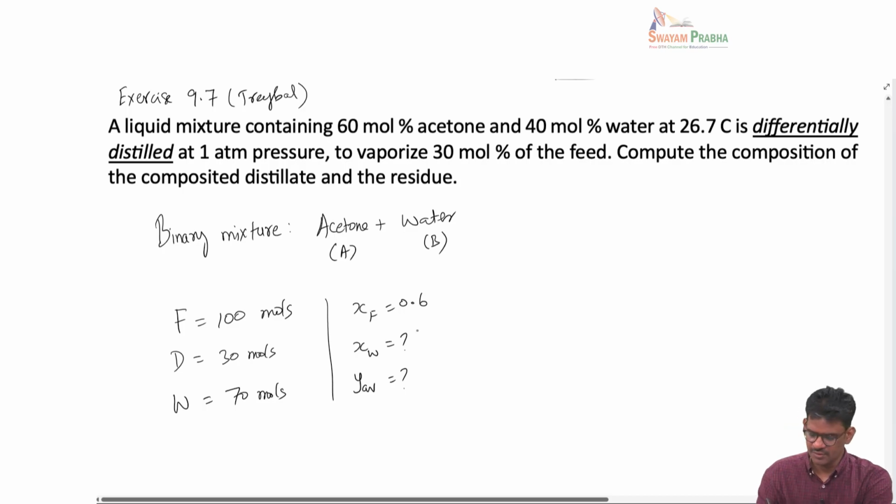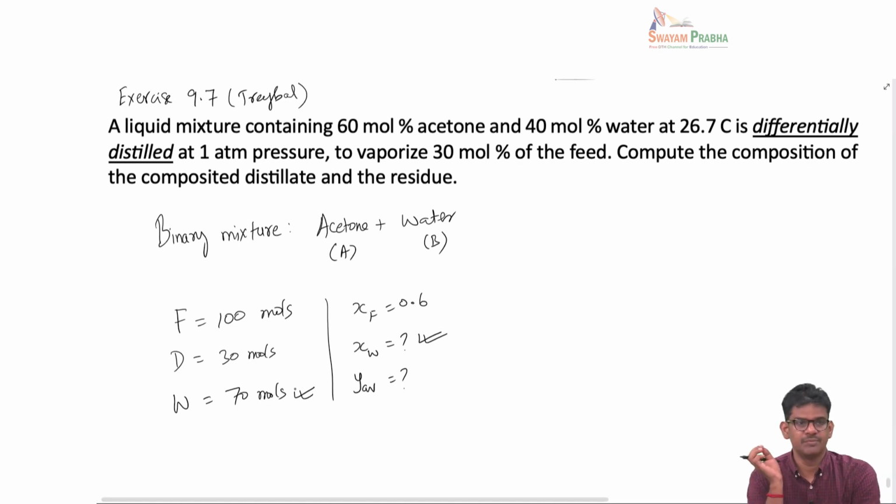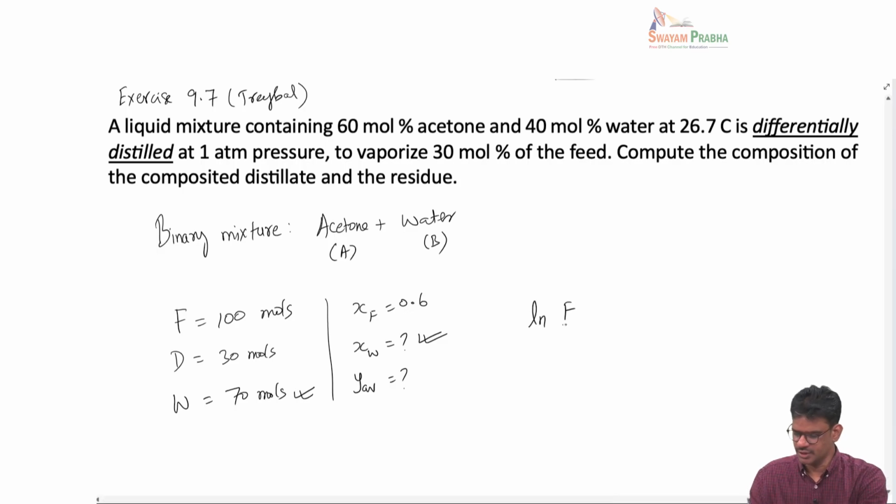These are the two unknowns. In the previous problem, W was asked. Here we have inverted this. W is given, we have to find XW. So we'll use again the Rayleigh's equation.